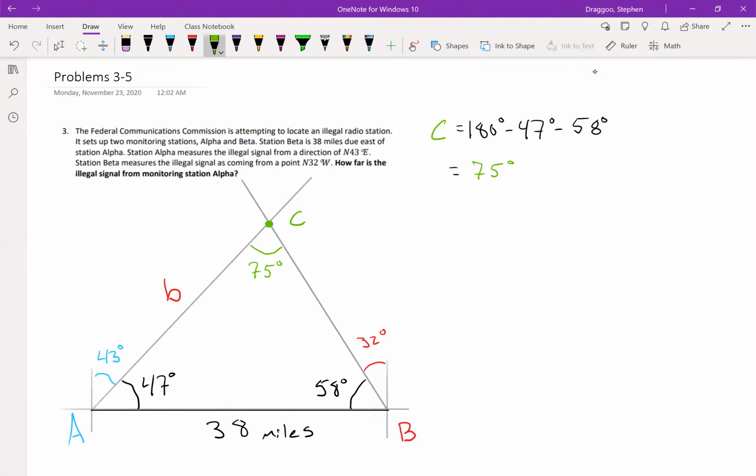So now I've got all three angles that are inside of my triangle, and I know one of the side lengths, so I can use the law of sines to find any other side that I need. And again, we said that we'd be looking for the length of B, so we'll have B over the sine of 58 degrees is equal to 38 over the sine of 75 degrees.